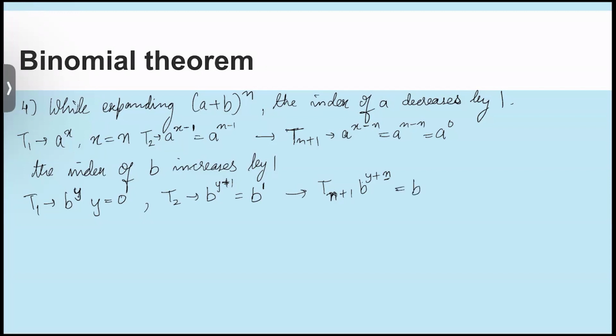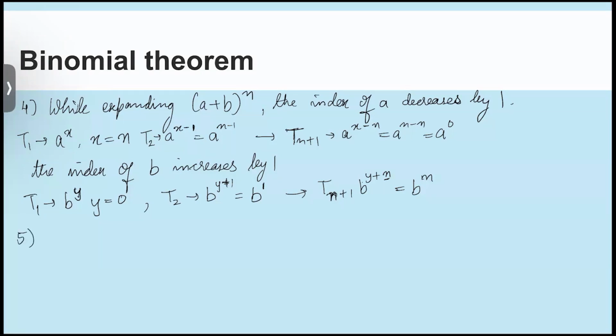Here y would be 0, since we were considering the starting index, the first term index for B, as 0. So this will be B raised to n. This is the way that it follows.